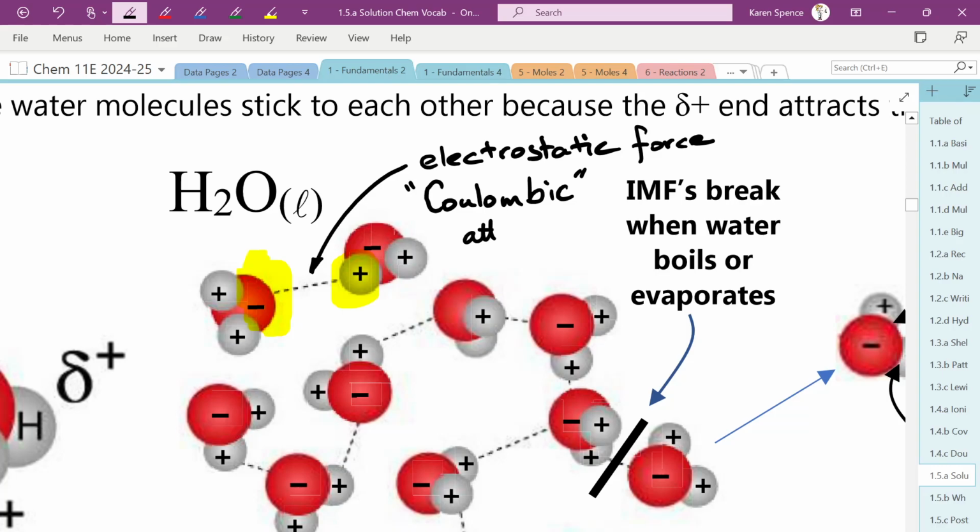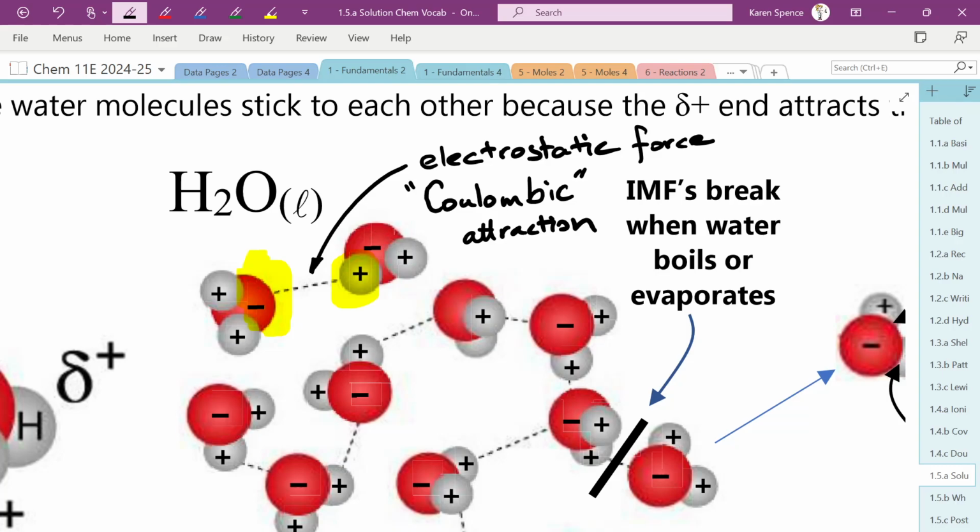Coulombic attraction. And I think the reason they like that term is because it has to do with, is anyone familiar with Coulomb's law? Okay, if you're not familiar with Coulomb's law, don't worry about it. It just talks about the attraction between charges. We will talk more about that this year, but we have this electrostatic force between positive and negative. We have this Coulombic attraction between positive and negative.